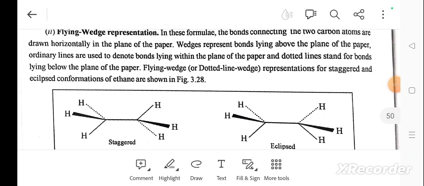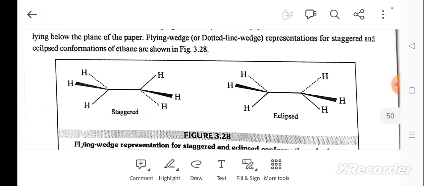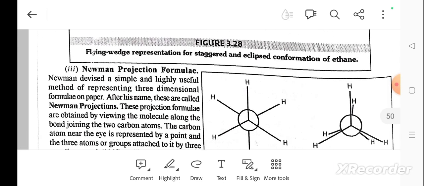Ordinary lines are used to denote bonds lying within the plane of paper. The dotted line stands for a bond lying below the plane of paper. The flying wedge representations for the staggered and eclipsed conformations of ethane are shown in figure 3.28.